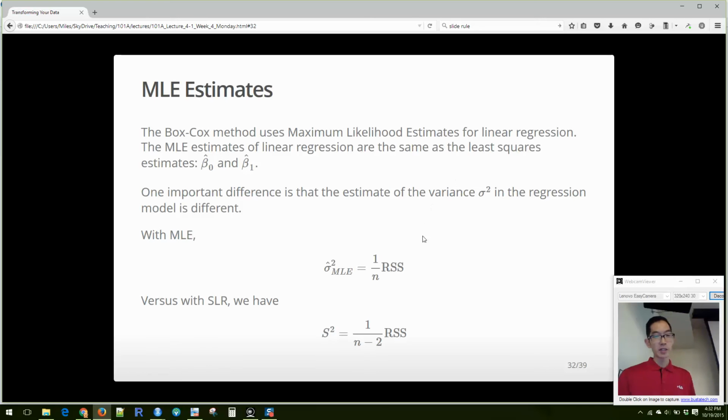The only difference is your estimate of the variance. With simple linear regression, when you minimize residual sum of squares, your estimate of the variance s squared is 1 over n minus 2, whereas with MLE it becomes 1 over n.